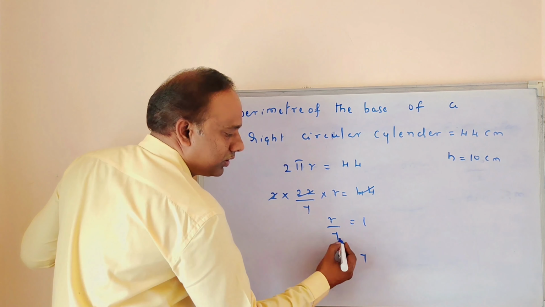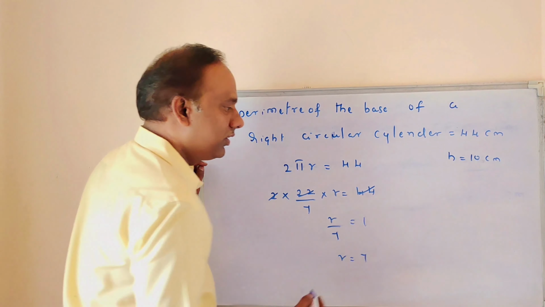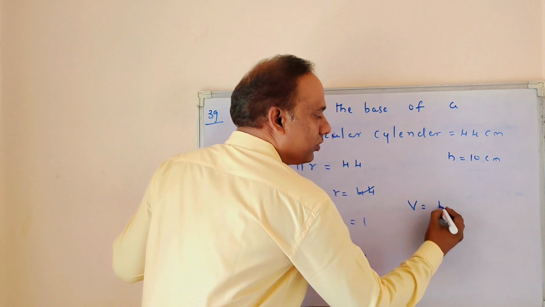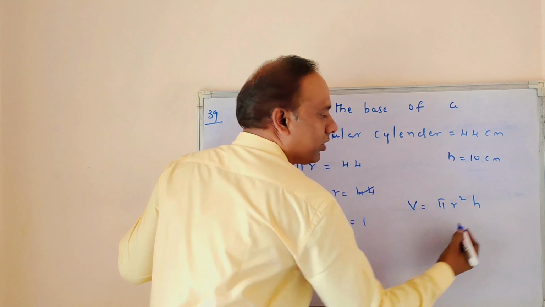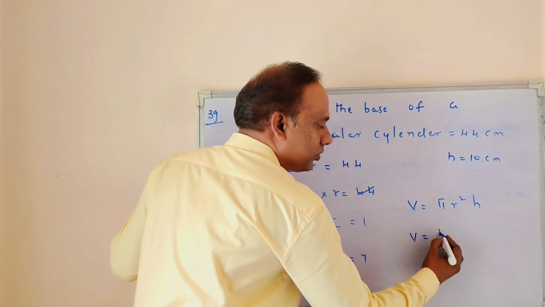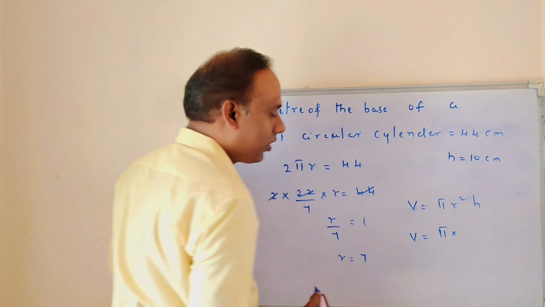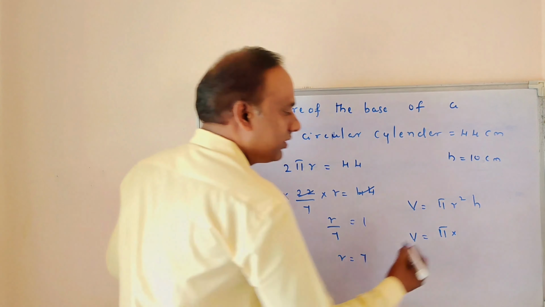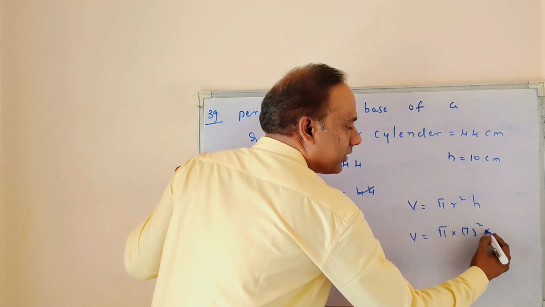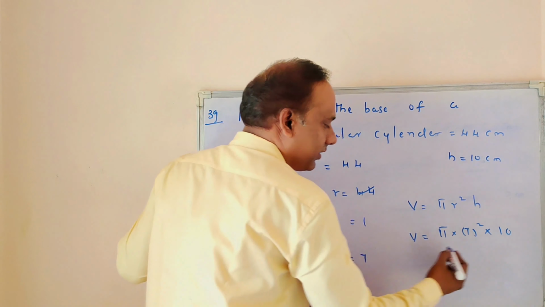So actually here the question is finding the volume. So volume V is equal to pi r square h. So V is equal to pi into r square, here r value is 7, so 7 square into h. H is 10.